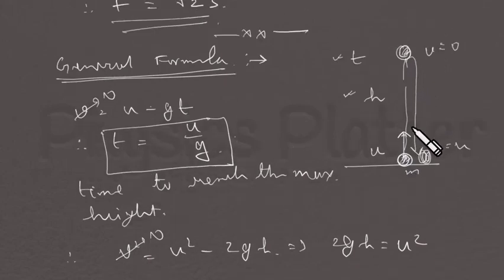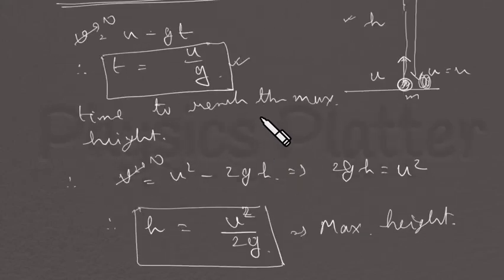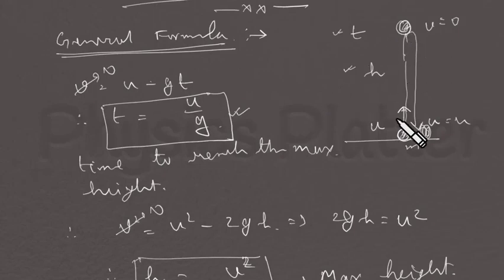From the problem itself we can see that it takes some time to go upward and the same time to come downwards. Whatever time it takes to reach the maximum height, it will take the same time to come back to the ground.